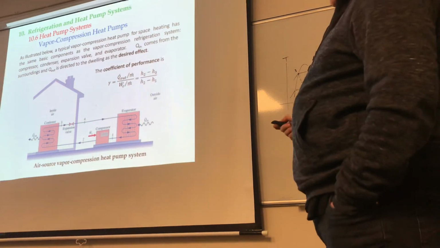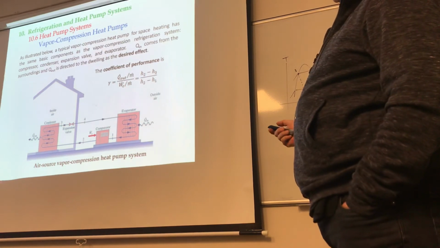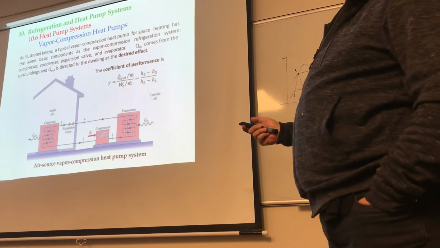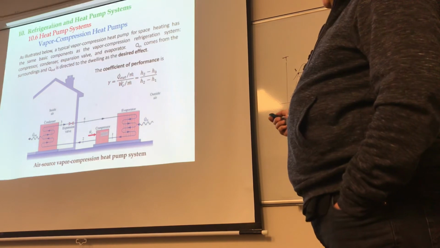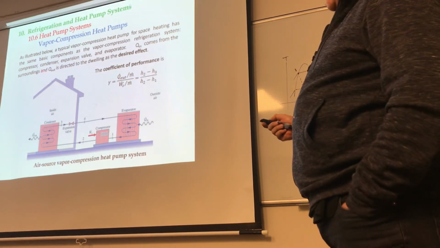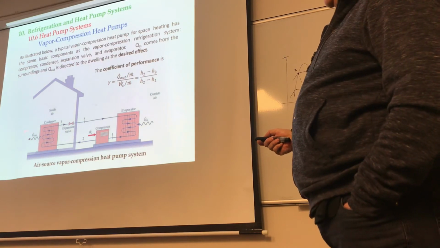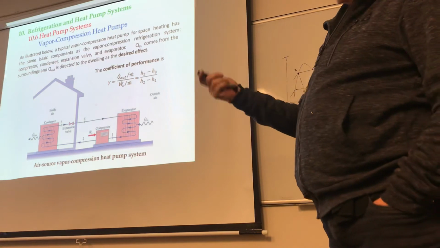So Q in comes in from the surrounding. So even on cold, wintry days, you're still extracting heat from the cold air that is outside and dumping everything else inside, right? And Q in comes from the surrounding, and Q out is directed to the dwelling as the desired effect. Again, desired effect, the desired output divided by input.